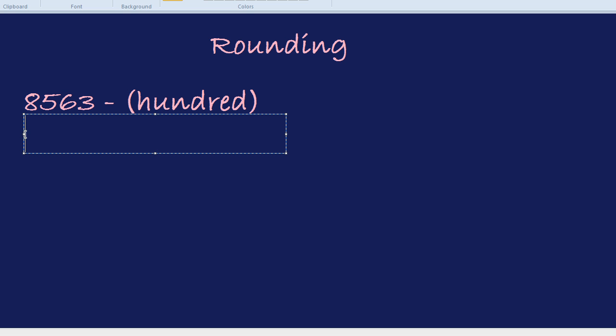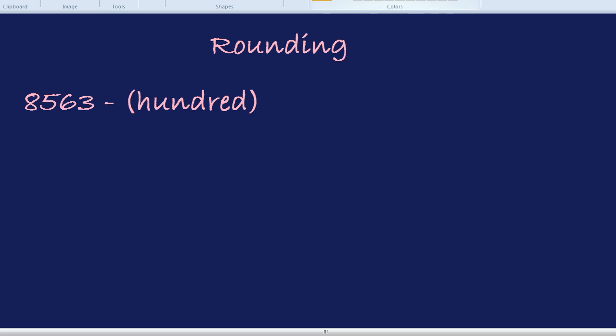We're doing 8,563 to the nearest hundred. What you do, first of all, is you circle the digit you want. So in this case we're talking about the hundreds, so we circle the 100 digit.